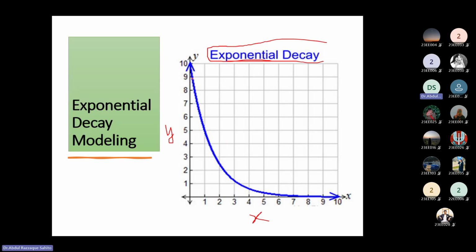If you look at this blue curve drawn on the graph, you can see that as the time increases from 0, 1, 2, 3, the population is decreasing. So the decay model is that model in which, with the passage of time, or with the passage along the horizontal axis, the vertical axis decreases.